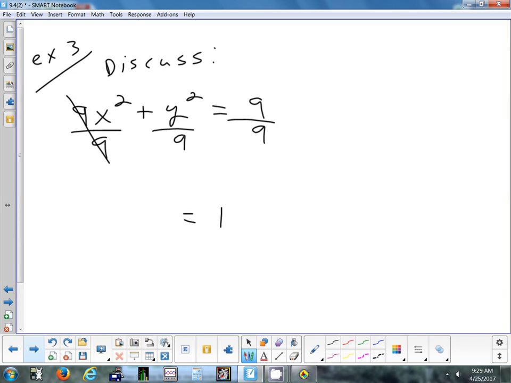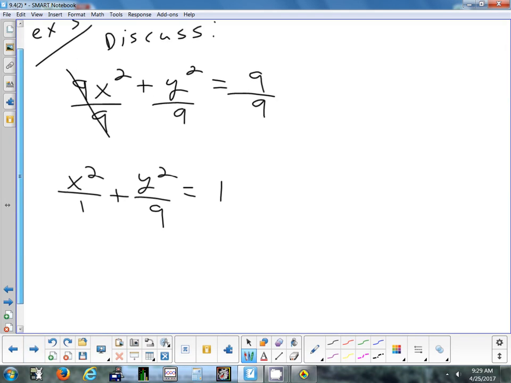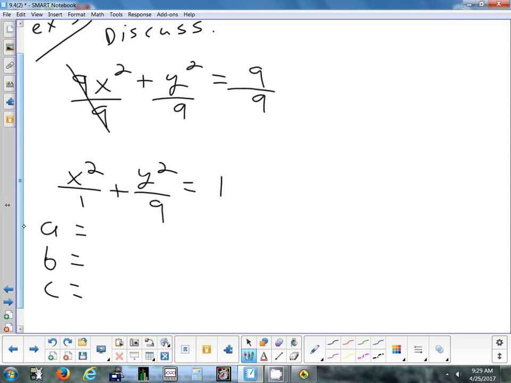And what are you left with in the bottom? 1. Yeah, you're left with 1. If you want to put something there, you could just put a 1. And then y squared divided by 9. Okay, so what is A here? 9.